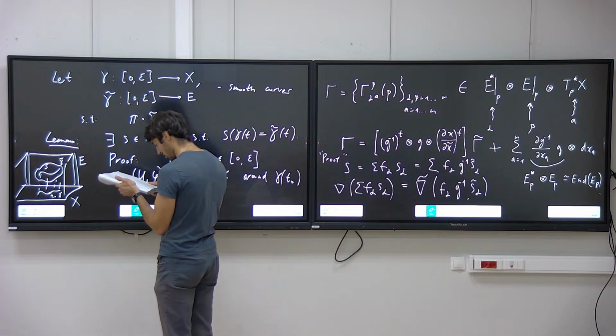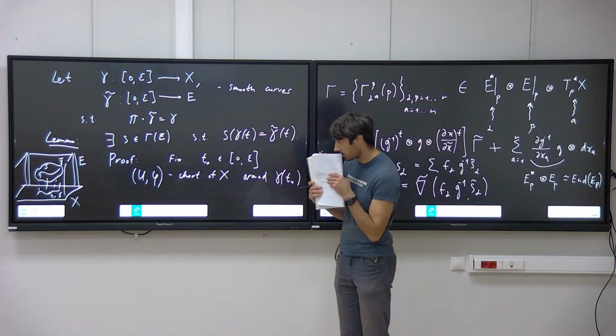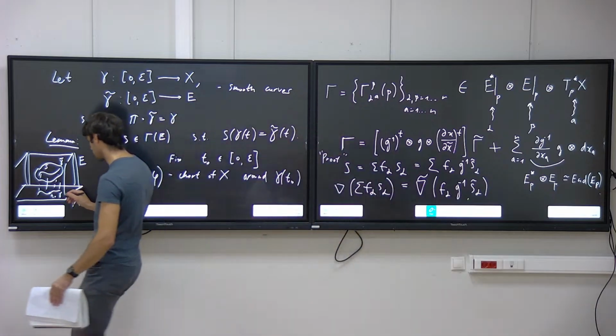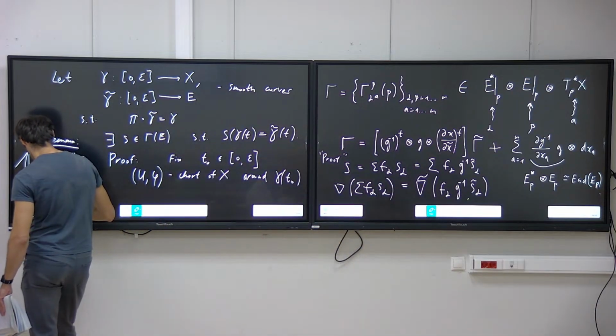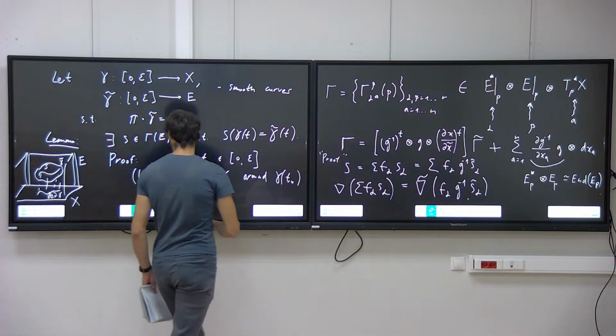Then it's gamma here. Was that, well, on the picture it's gamma zero? Gamma T0? Yes, that's true. Gamma T0.